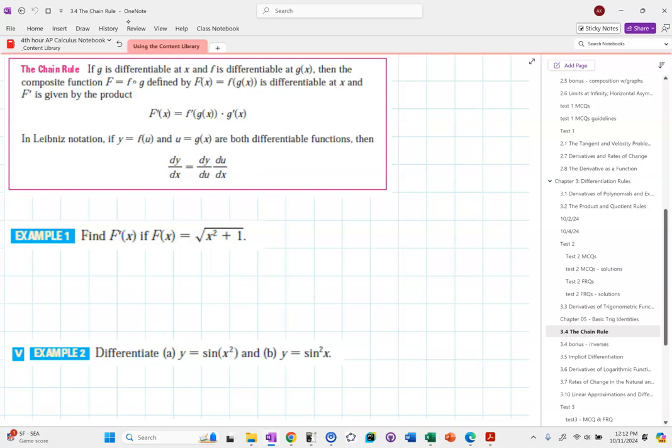So let's look at this first example. We have the function square root of x squared plus 1. Do you recognize that as a composition of two functions? What would the outer function for the square root of x squared plus 1 be?